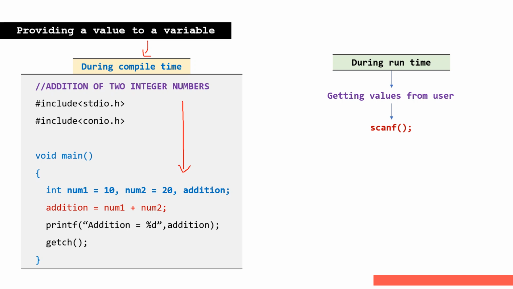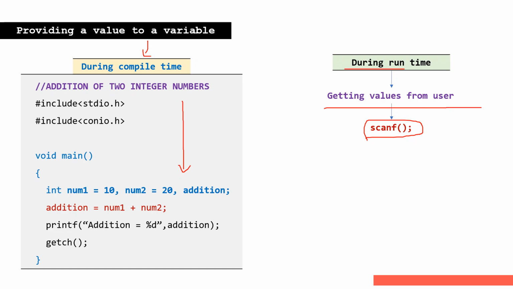But there is always a necessity where you require a value to be obtained from the user, such as user choices. For example, press 1 to do something, press 2 to do something, likewise. For that reason, to obtain a value from the user, we take the help of the scanf function, which is used to get a value from the user as input.